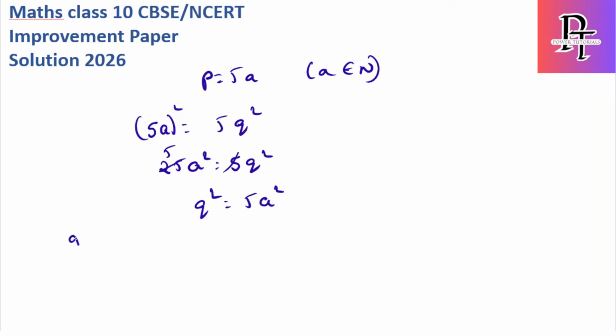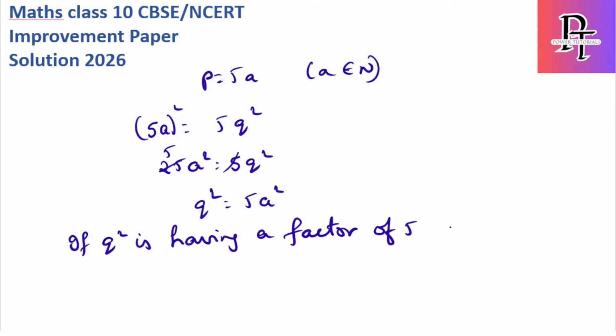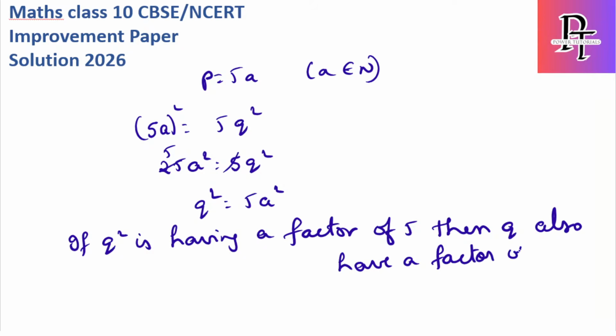Now I can see if q square has a factor of 5, then q also has a factor of 5, which contradicts our assumption.